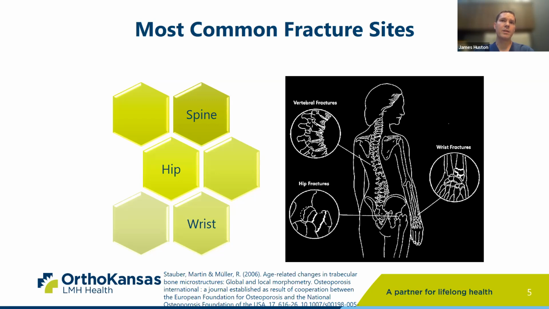The hip is another of the most common locations, and the third very frequent location is the wrist, or distal radius. There are certainly many other locations where you can have a fracture with a low energy injury, but these are the most common areas.